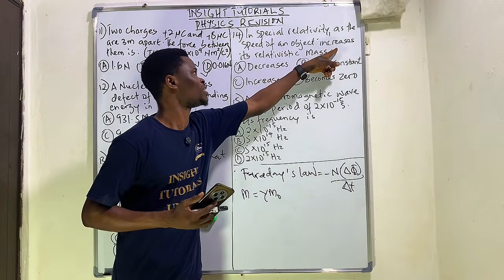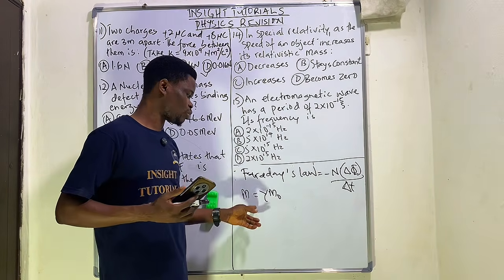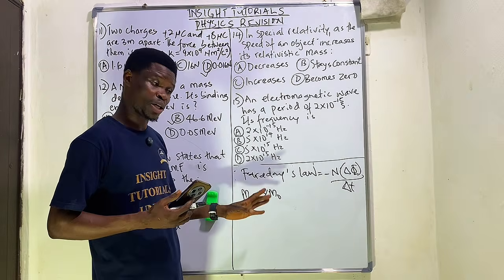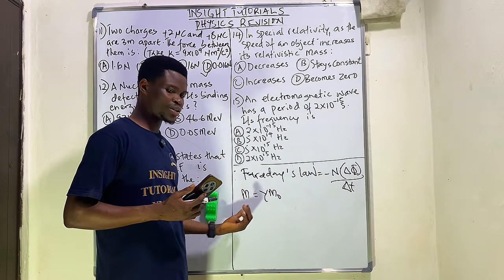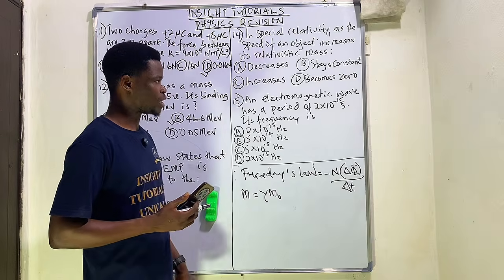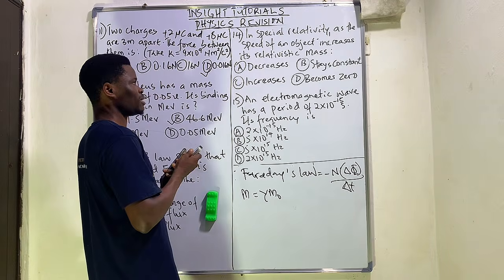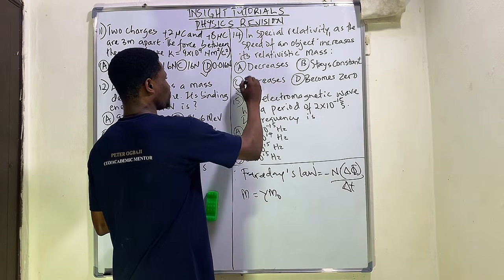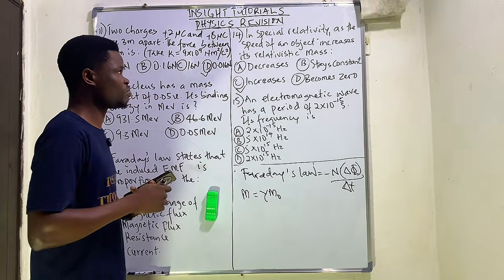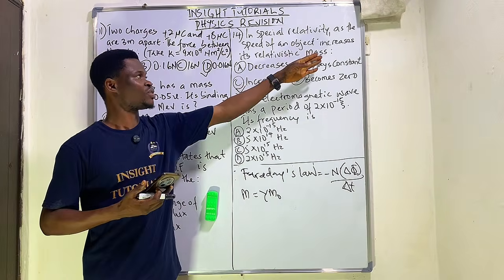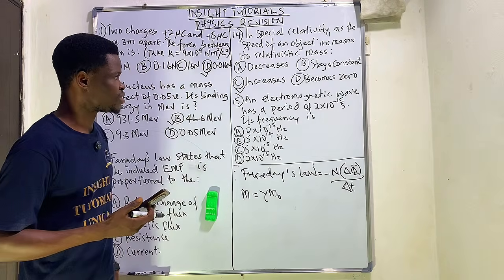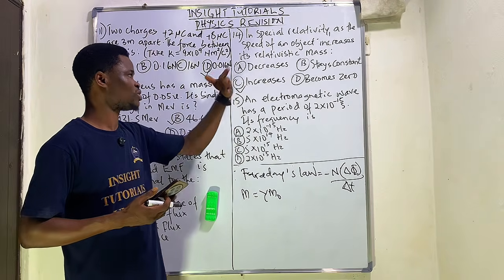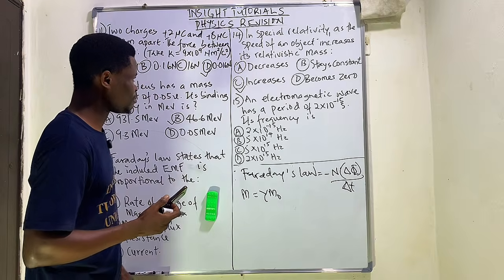As the speed of the object increases, you are doing the same to the relativistic mass, because the relationship between the relativistic mass and the Lorentz factor is directly proportional. So while the speed of the object increases, the relativistic mass also increases.